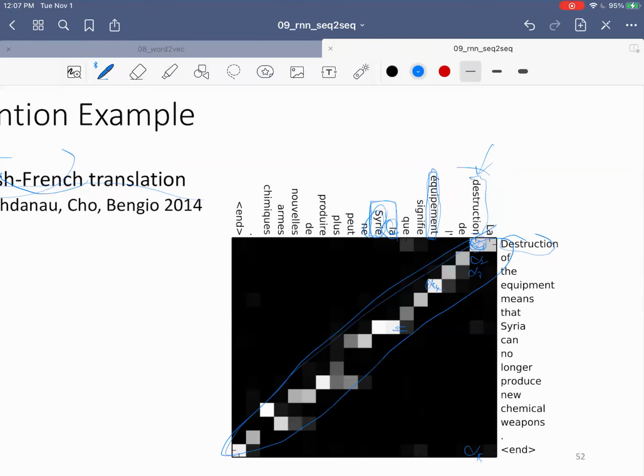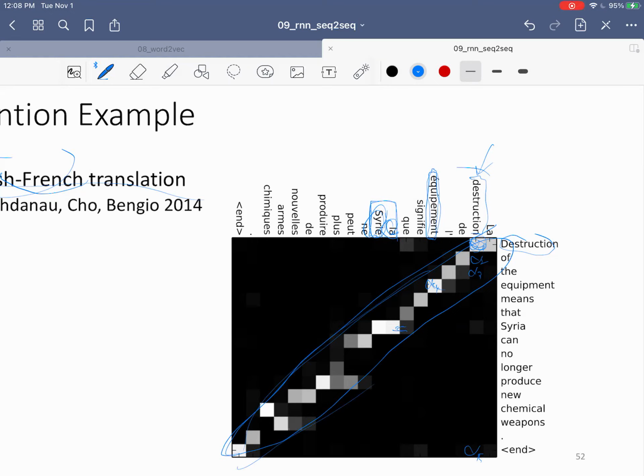If it was English to Korean translation, it wouldn't be as diagonal, because their syntactic structures are very different. So attention not only increases the performance of your model, but also gives you a peek at its inner workings.